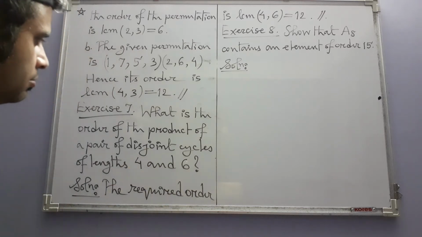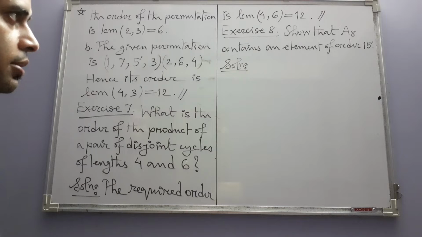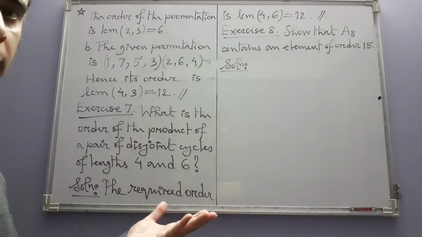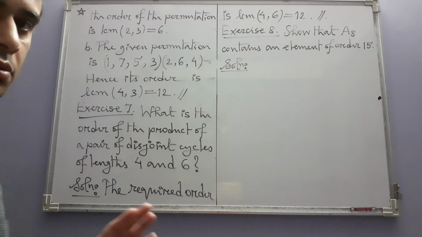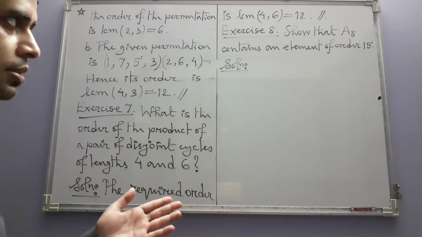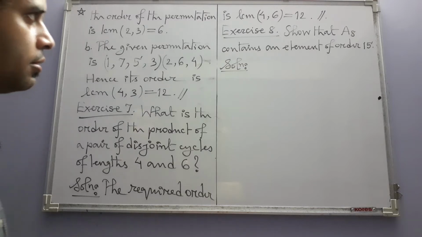So looking at how we are calculating orders of permutations, it is clear that we need two disjoint cycles, one of which is a 3 cycle and the other is a 5 cycle.